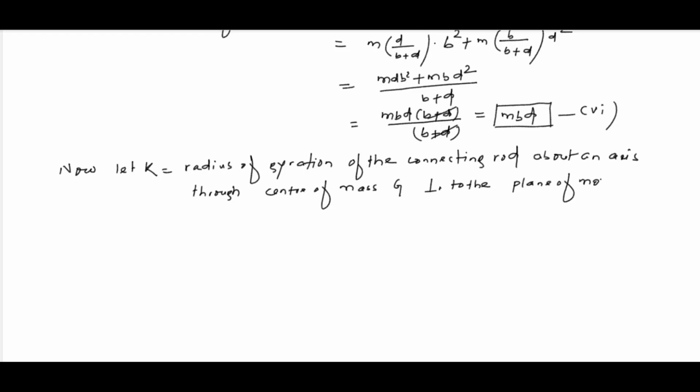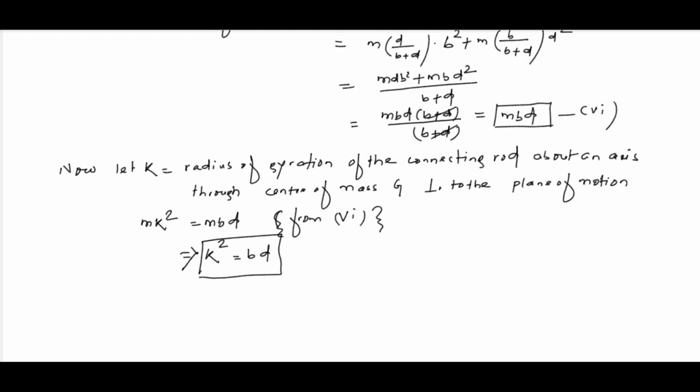In that case, M k squared should be equal to M b d from equation 6. So our k squared can be expressed as equal to b d. This should be equation 7.